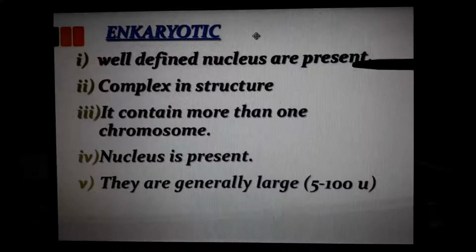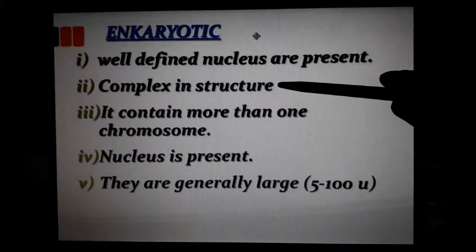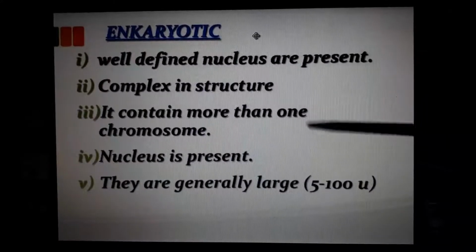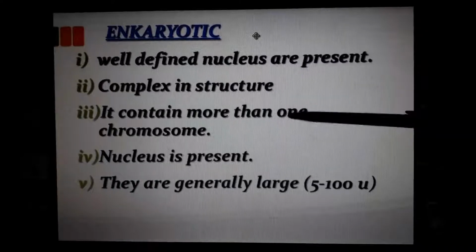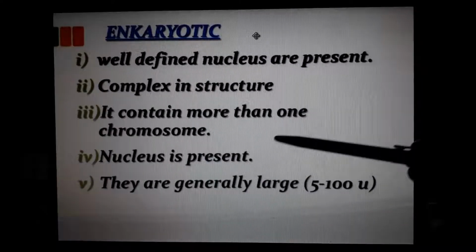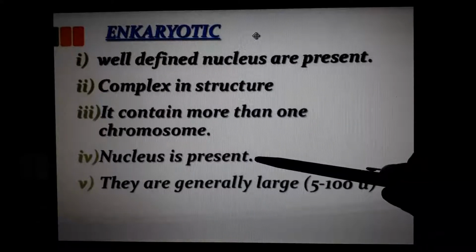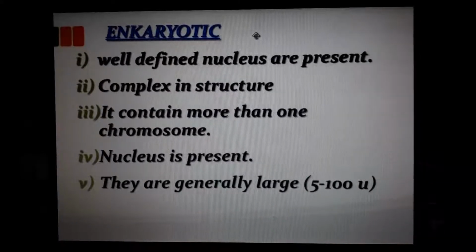Eukaryotic means we have a well-defined nucleus present in our cell. It is complex in structure, that means a highly developed cell. Contains more than one chromosome. We have 46 chromosomes inside us, 46 chromosomes in each cell. Nucleus is present, no doubt about that. Nucleus is present in our human cells. And generally they are very big.